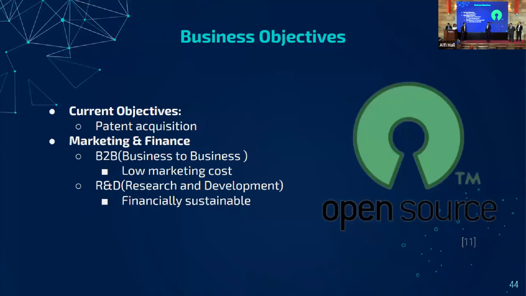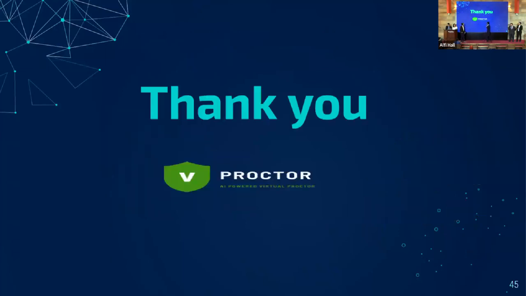Also, as we already know our customers, they are well listed and we are B2B, so we don't need a lot of financing for marketing. Research and development is also not financially consuming for us. So we believe that we will be very financially sustainable. Next slide.